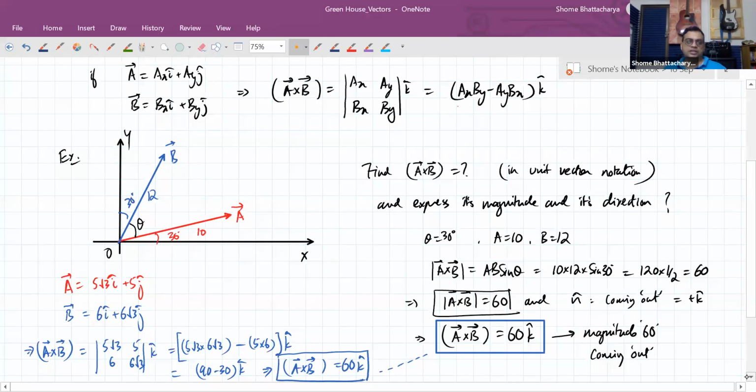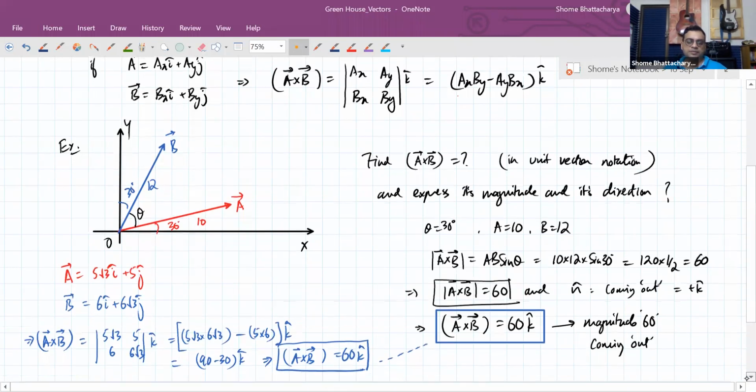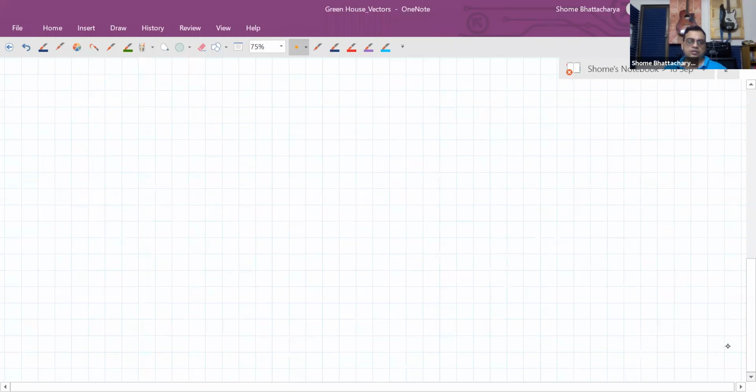Okay, so hope both the methods are clear to all of you. Okay, good. Now from this we will move on to three-dimensional unit vector notation.